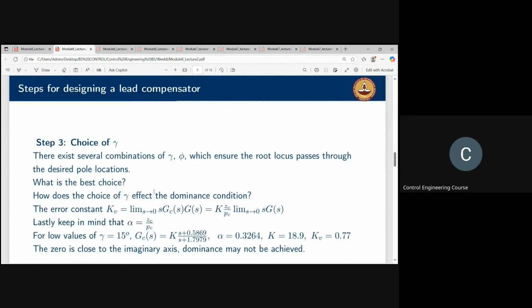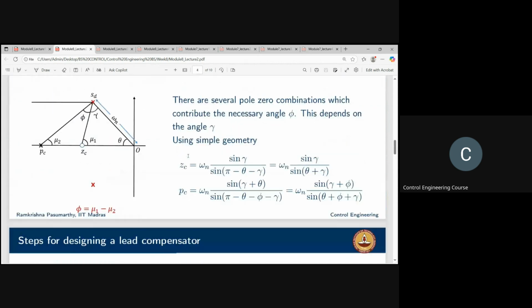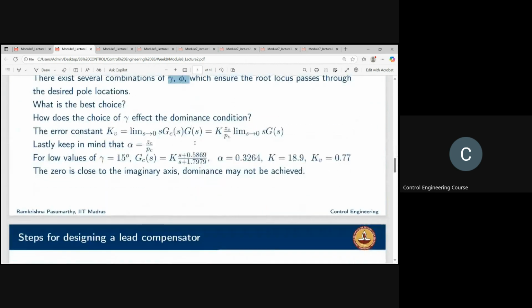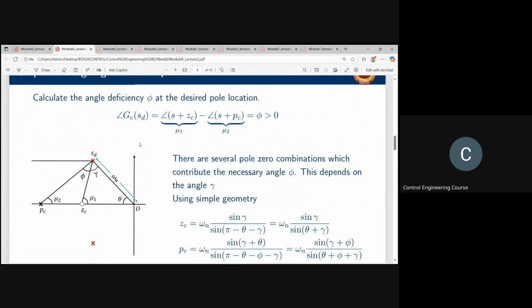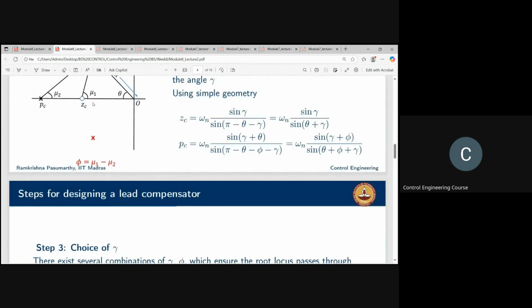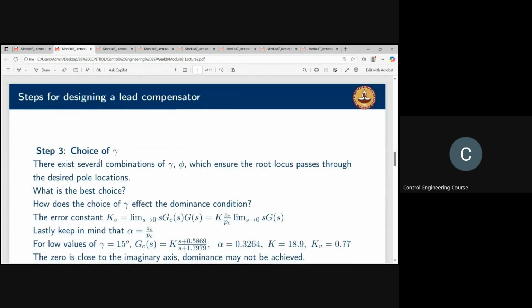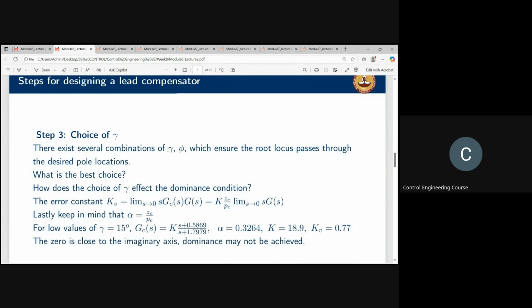Now the only problem is there are actually several combinations of gamma and phi that ensure that the root locus passes through the given desired pole locations. Earlier you had only one design parameter. Now you have two design parameters. You can call ZC and PC the design parameters, or in terms of these angles, you can call them gamma and phi.